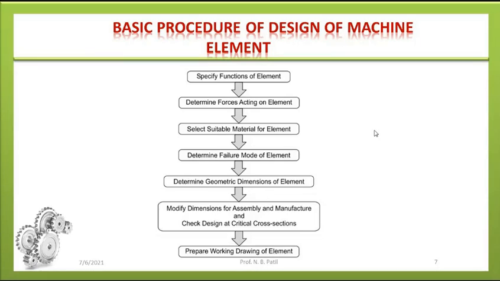What are the different forces acting on that element during actual working condition? You have to focus on that. First and very important is the dead weight. The machine element has dead weight, and you can call it a static force. Then if it has some particular motion, the force due to frictional resistance may be present. Then centrifugal force due to change in direction of velocity.